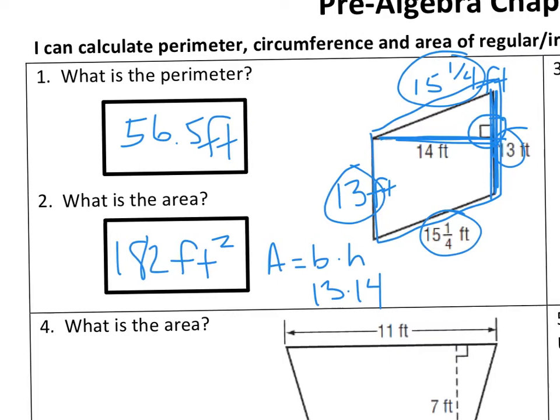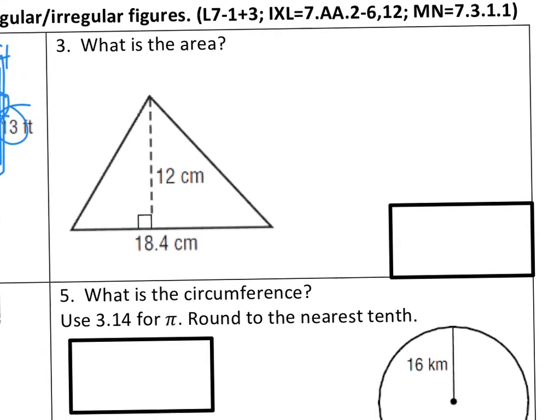All right, let's take a look at number 3. What is the area of this triangle? Well, again, we got to go into our tool chest and find a formula that works for a triangle. So the area of a triangle is base times height divided by 2. So we have to locate our base and our height. Again, look for that right angle. Here's our base.